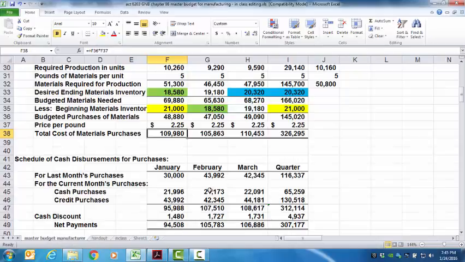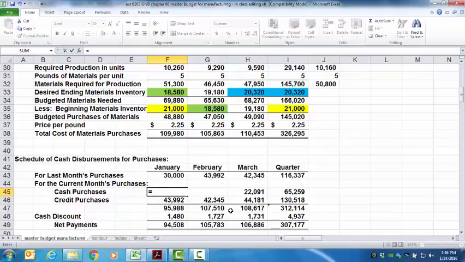Alright, so you can see I actually broke this thing up a little bit different just to show a variation. We're going to track what was from last month and then what is for the current month. So remember, from last month, which is December, we still owe $30,000, and that's where that came from. For the current month, recall that 20% of what I'm buying is cash.